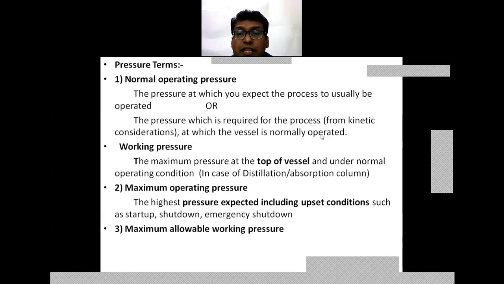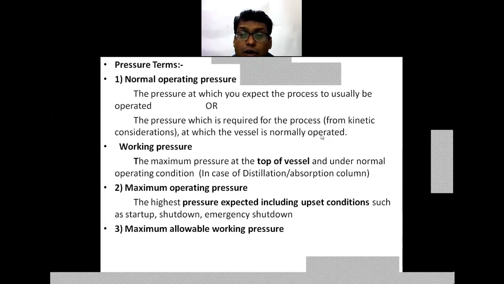So these are the maximum surge in the top vessel pressure, or maximum surge in the working pressure, such as when situations arise at the time of startups, shutdowns, certain emergency cases, or malfunctioning of certain instruments.